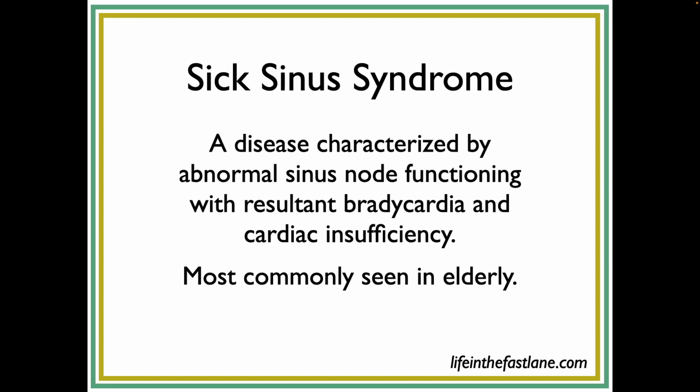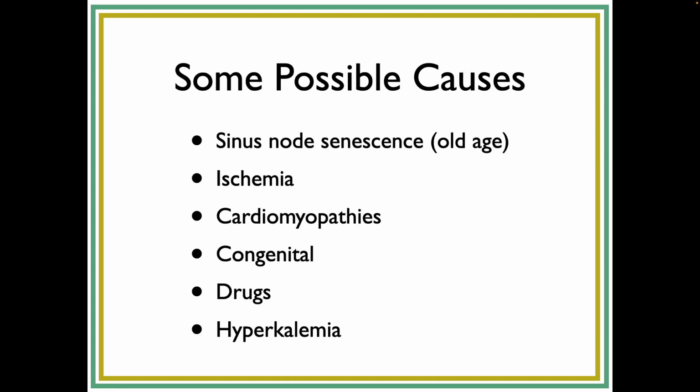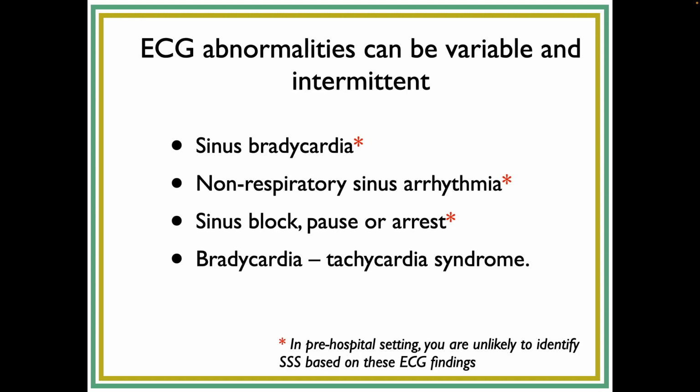Most commonly seen in the elderly. So some possible causes: senescence simply means aging. Sometimes when people get old, their sinus node just starts functioning poorly, and maybe they'll get an implanted pacemaker. Here are some other problems. ECG abnormalities may be variable or intermittent.